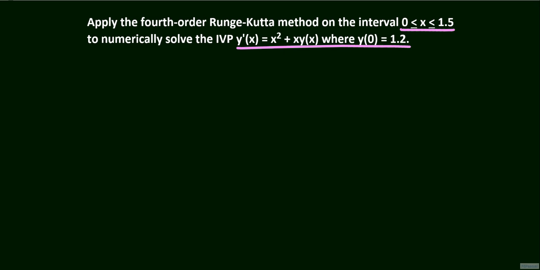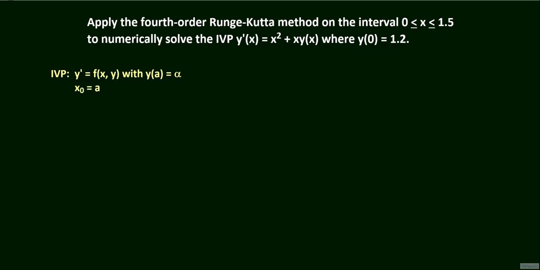Since the problem does not prescribe the subinterval length or step size, we will choose the step sizes, or equivalently, we will choose the number of subintervals and find a numerical solution for each number of subintervals. Suppose the general IVP is given by y prime equals f of x, y, with the initial condition that y of a equals alpha.